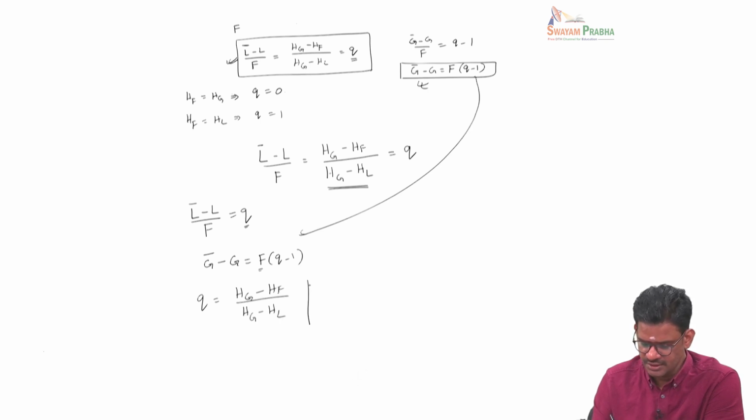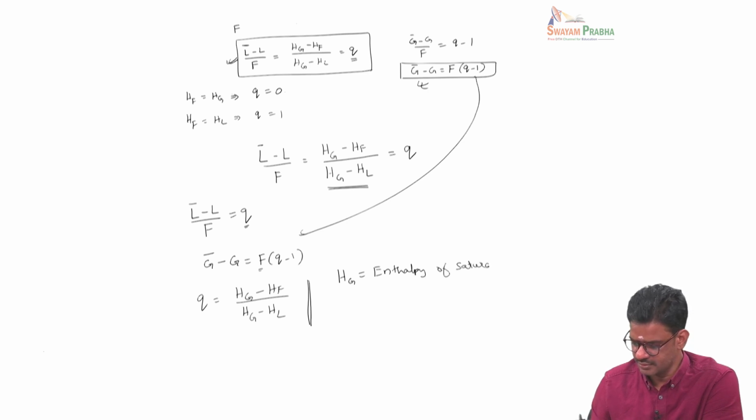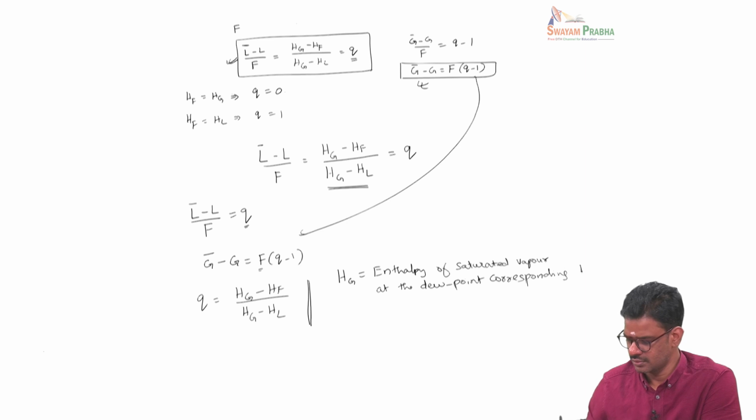So in this equation, HG here is the enthalpy of saturated vapor at the dew point corresponding to the feed composition.